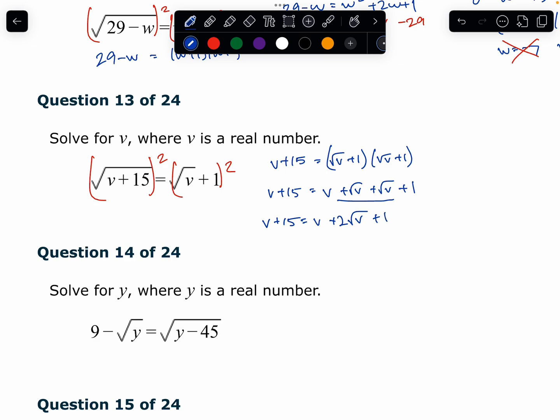And I think what I want to do now is get this radical all by itself. This is definitely a long question right here. So I'm going to subtract, oh, there you go. That's actually pretty nice. So I'm going to subtract v from the right side, but I'm also going to subtract v from the left side. So those actually just cancel together. And then I'll subtract 1 from both sides.